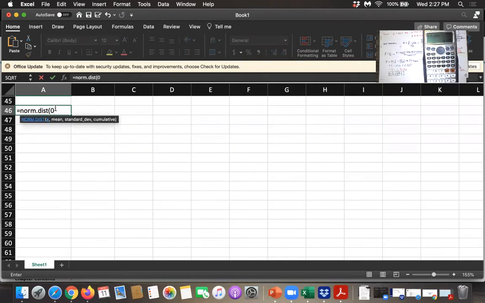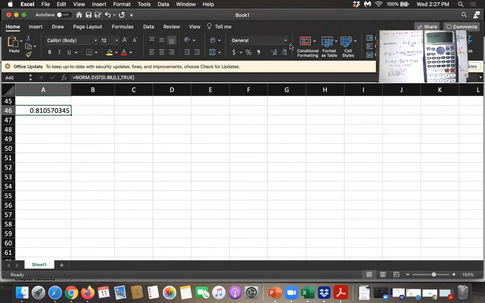Open parentheses, 0.88 for my z-score. The mean is 0, the standard deviation is 1. And then we always want to say true to the cumulative part because we're talking about areas to the left when we are calling this normal distribution function.